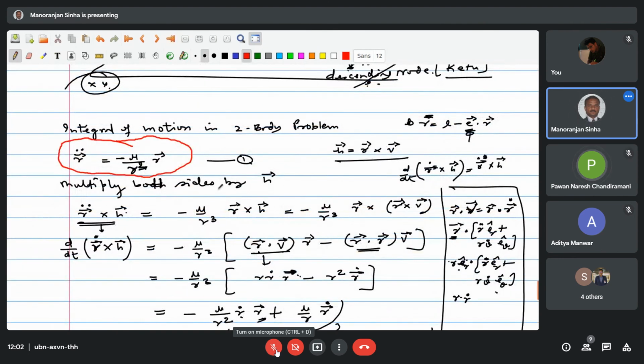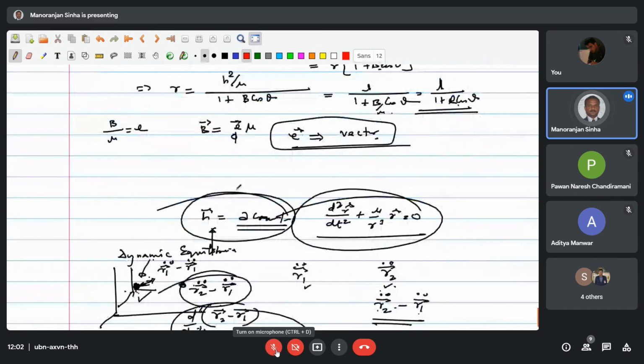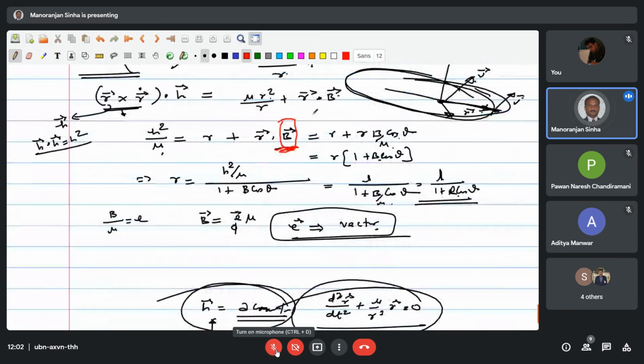But in this case, this B vector is fixed along a particular direction, which is along the perigee. So this is not taken as 3 constants. In the inertial XYZ reference frame it will have 3 components, but if you look in this orbit, it is fixed along a particular direction. So this is taken as just 1 constant, not 3.